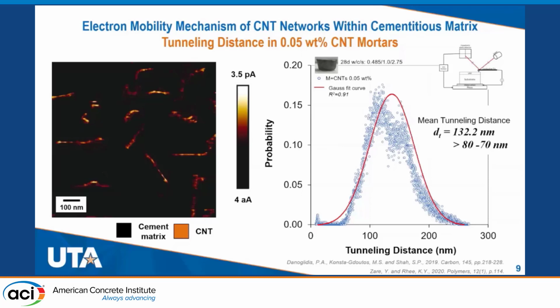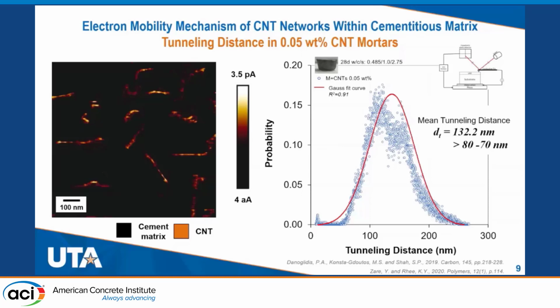Here we see a typical probability tunneling distance plot, very similar to the plot that we obtain for the modulus results from a typical AFM.